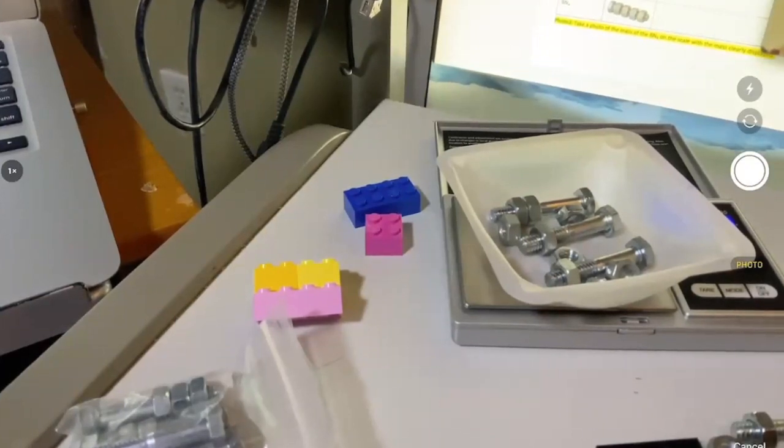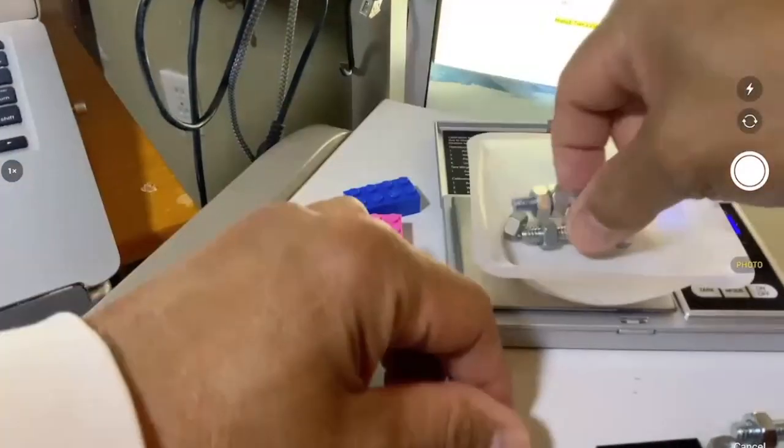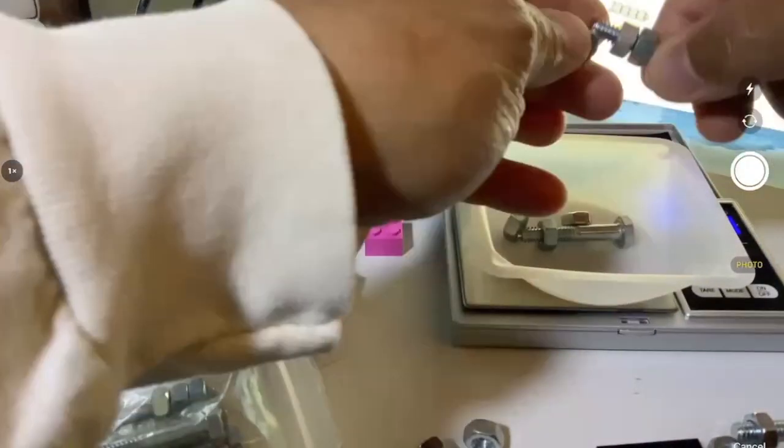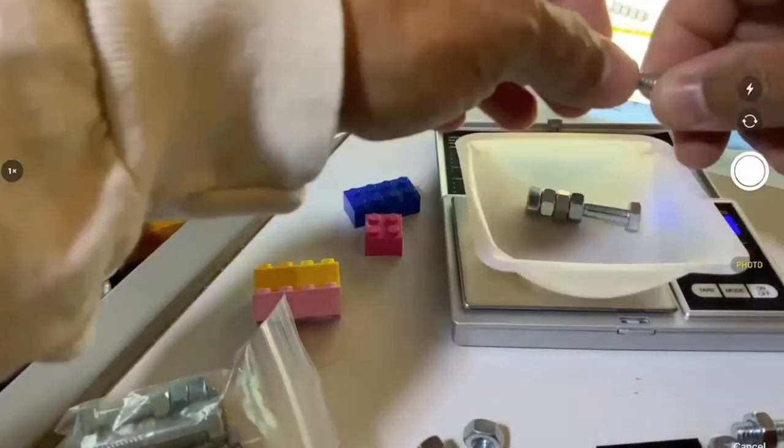And then a BN4, that's even trickier. I can only do 2. Okay, so this is a BN3 right here. This is a BN4 right here. And because I don't have enough hex nuts, I can't do 4. I can't even do 3.